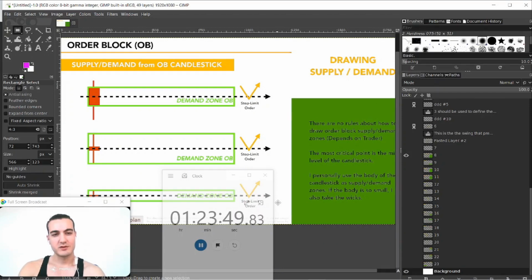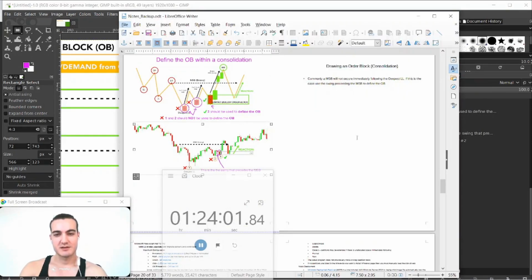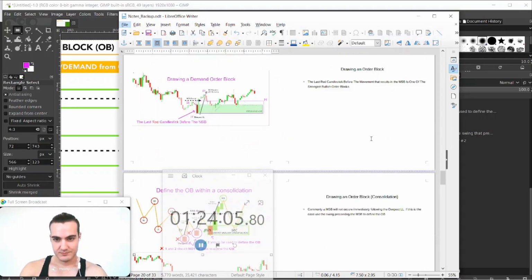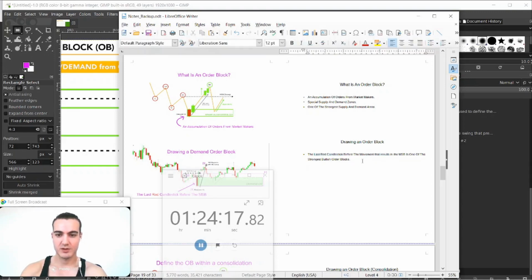I don't think I need to include this slide in my notes, but what I will do is go back and add another bullet point to one of the earlier slides. So the last red candlestick before the movement that results in the market structure break is one of the strongest bullish order blocks.